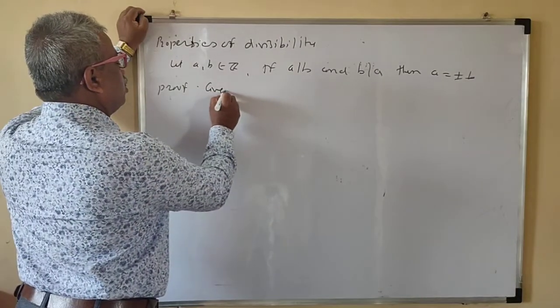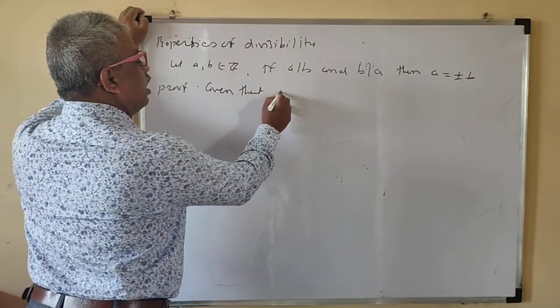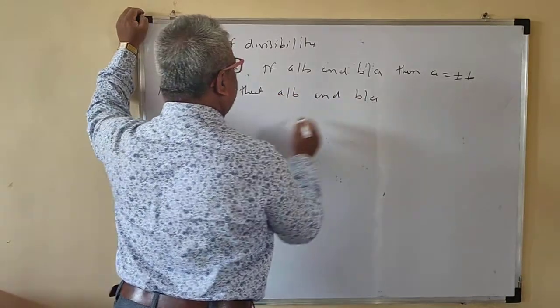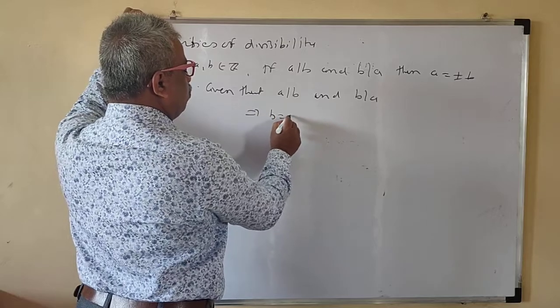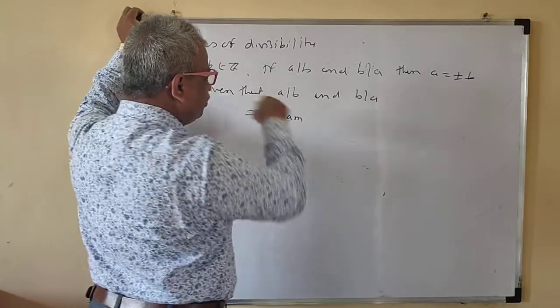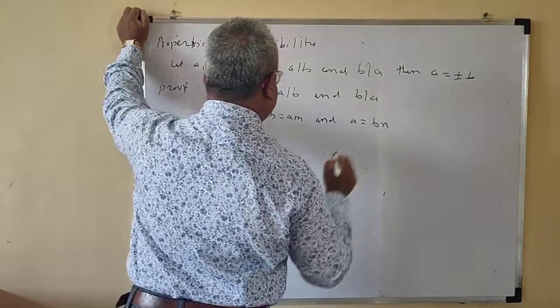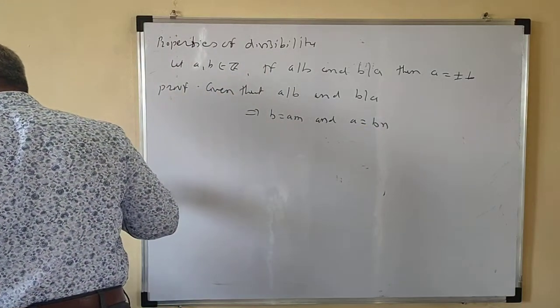Given that A divides B and B divides A, what does this imply? B is equal to A times M and A is equal to B times N.